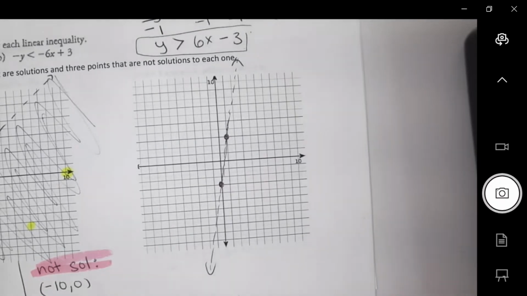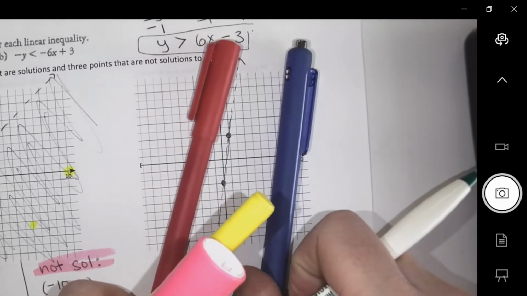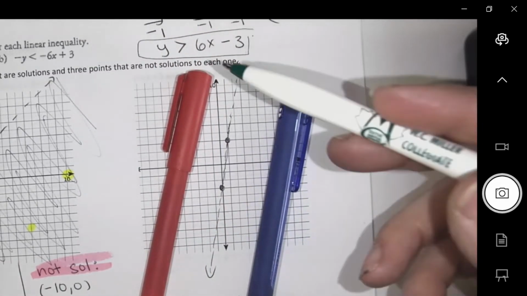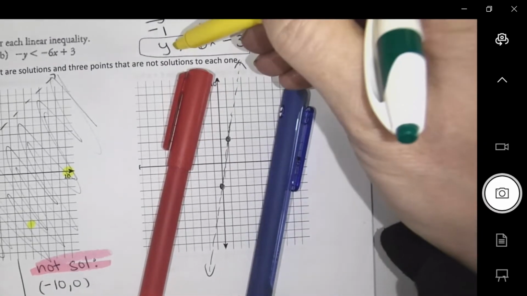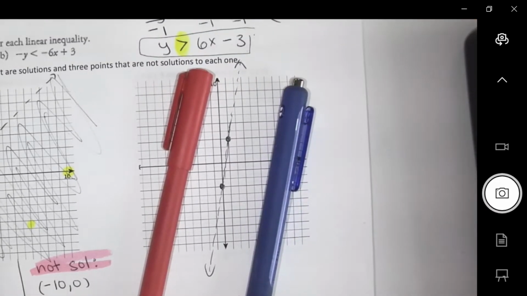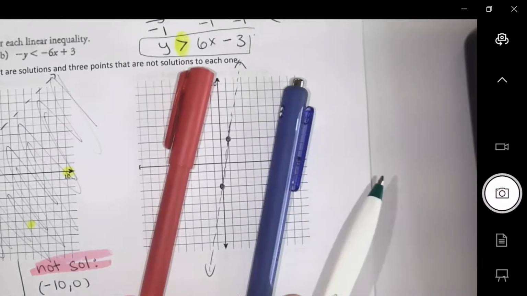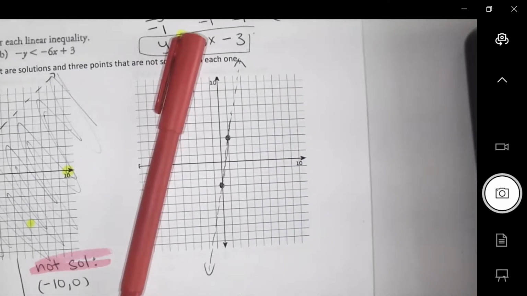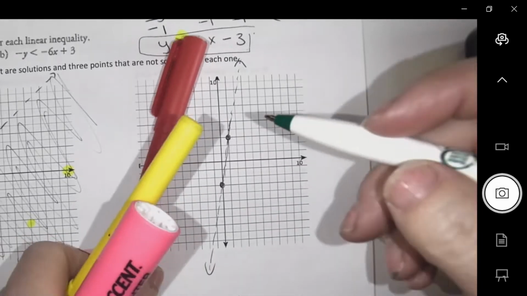And which side of the line are we going to have to be on? So there's my two options, and this says greater than, this symbol. Greater than, so which direction is going upward? The red side or the blue side? That direction is going angling upward, barely, but it is.